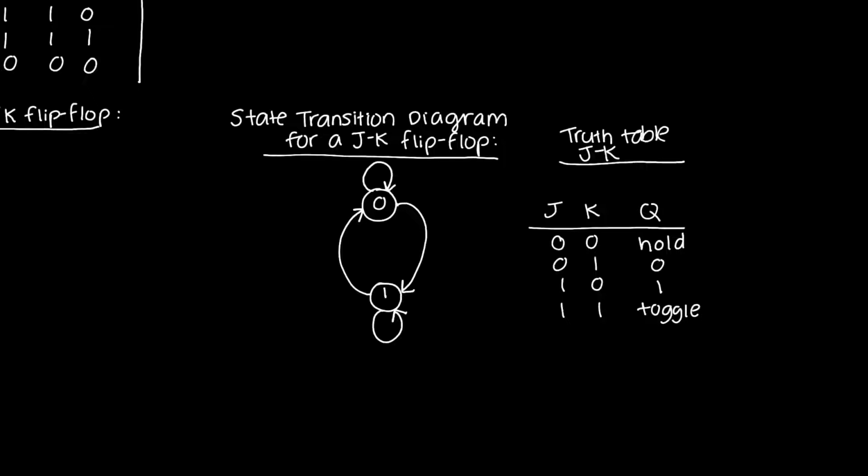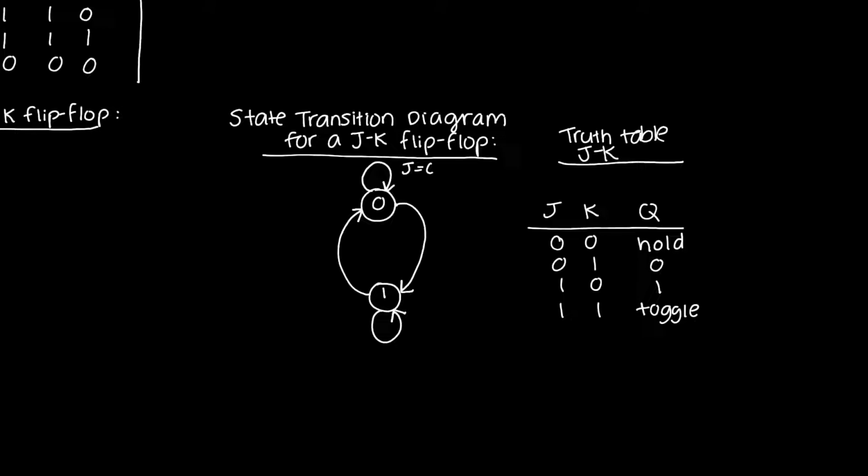Then I'm in this state here, 0. And I'm going to look at this transition over here. If the Q output is 0, what values of J and K do I need such that at the next clock transition, Q remains 0? It stays 0. So that can happen if I'm in the hold condition, if J and K are both 0. So let's write that here.